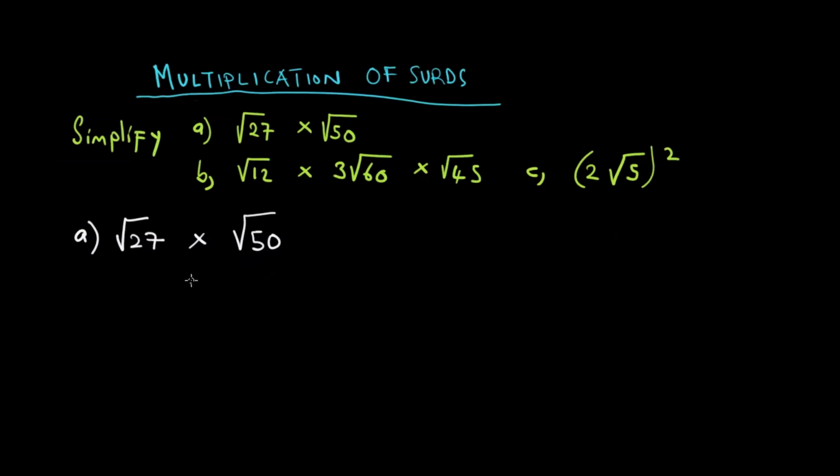Kuti one of the two numbers we are multiplying should be a perfect square. Saka iyi kana takuinyora pasi panapa, instead of writing the square root of 27, tinenge takuti the square root of 9 times 3. Then tikatarisa 9 na 3, tinoona kuti 9 is a perfect square. Nepamusana pekuti 3 times 3 is equal to 9. Kana kuti the square root of 9 is equal to 3 rather.